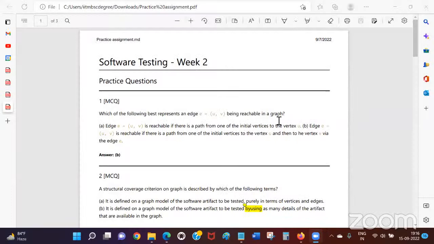We'll cover it quickly because most of the questions are theoretical only.